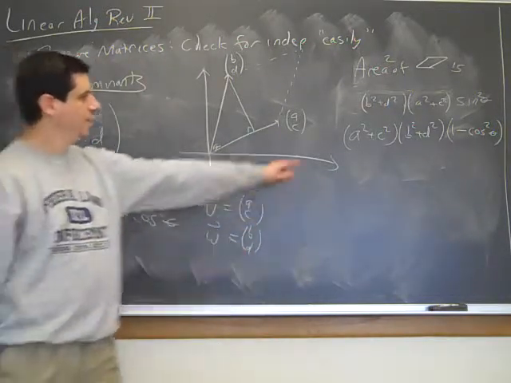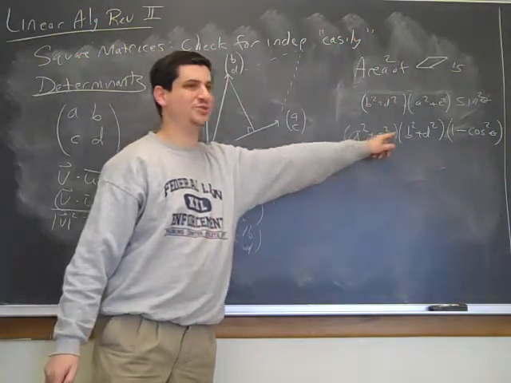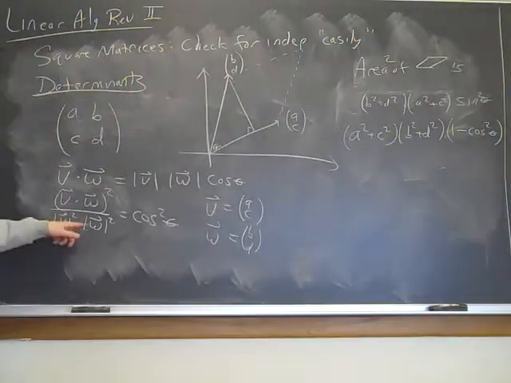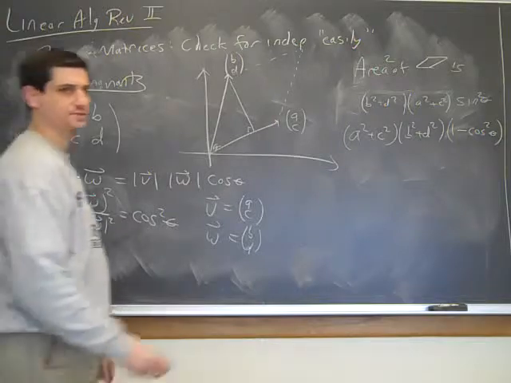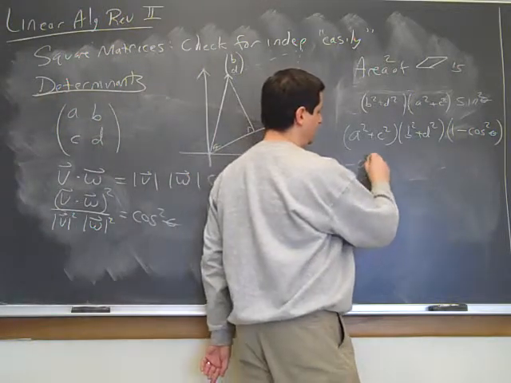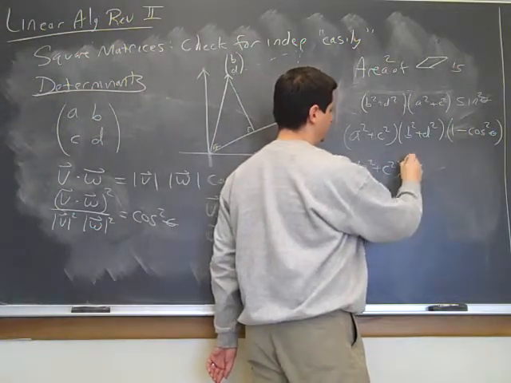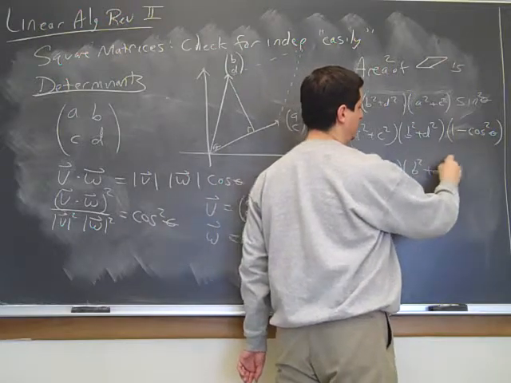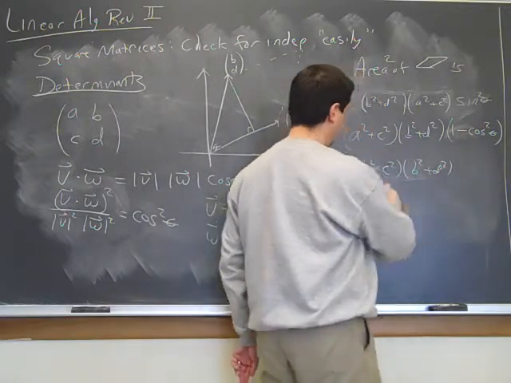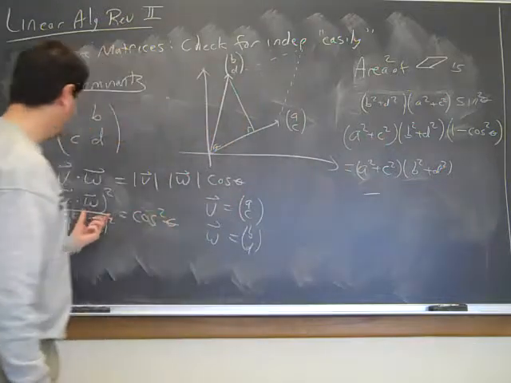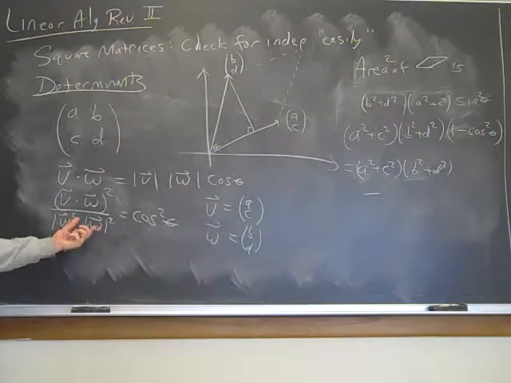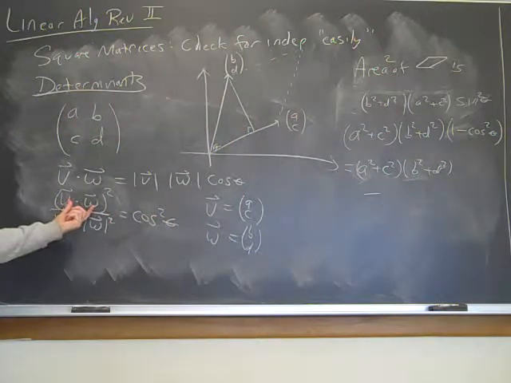Oh, beautiful, look, that's length of v squared, length of w squared, right? That's going to cancel with the stuff down here. And so we'll get a squared plus c squared, b squared plus d squared times 1, and then minus, this hits down here, so that cancels, so I get (v dot w) squared.